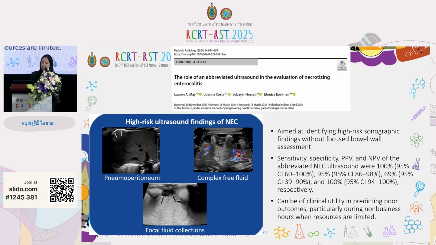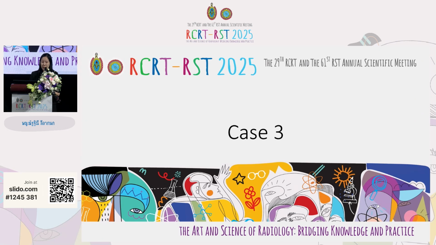These high-risk findings include pneumoperitoneum here, complex free fluid, and focal fluid collections. The sensitivity, specificity, positive predictive value, and negative predictive value of the abbreviated NEC ultrasound are all quite high. So this abbreviated ultrasound can be clinically useful in predicting poor outcome, especially during off hours when resources may be limited. It may be useful for some of you.